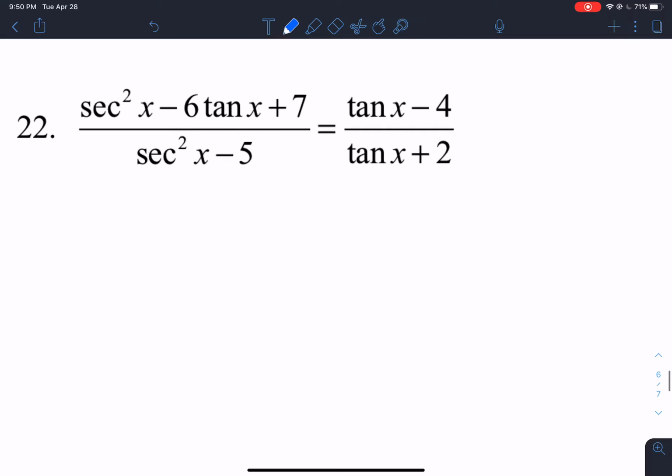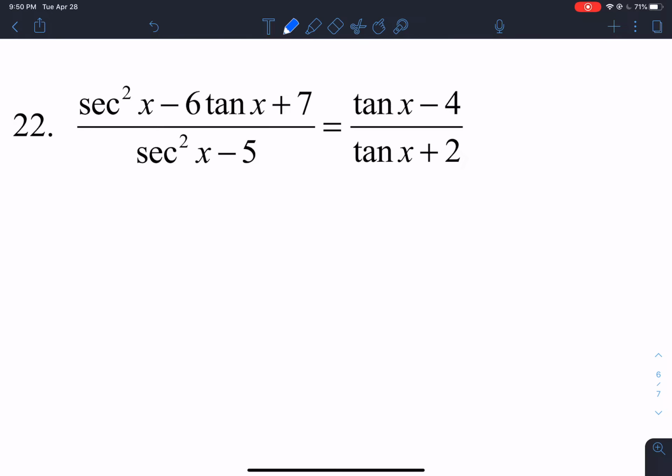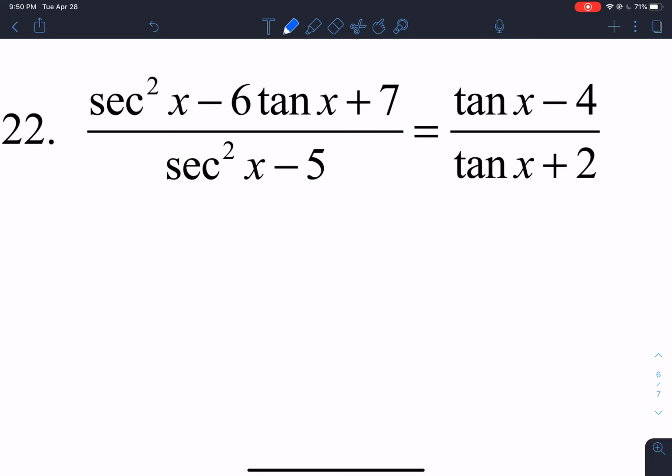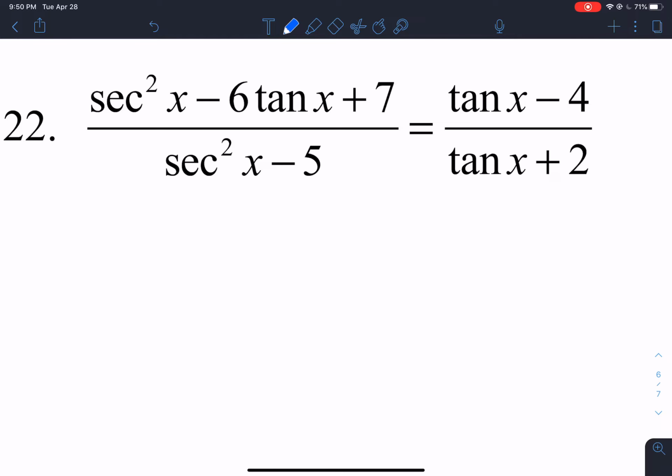And then the last one. Okay, now the last one is also a factoring problem. Now we talked about in the notes that it's probably helpful to change everything into the same function. Now I see that I have tangent here on the right side, so it's probably easier if I change this and this to be in terms of tangent, right?